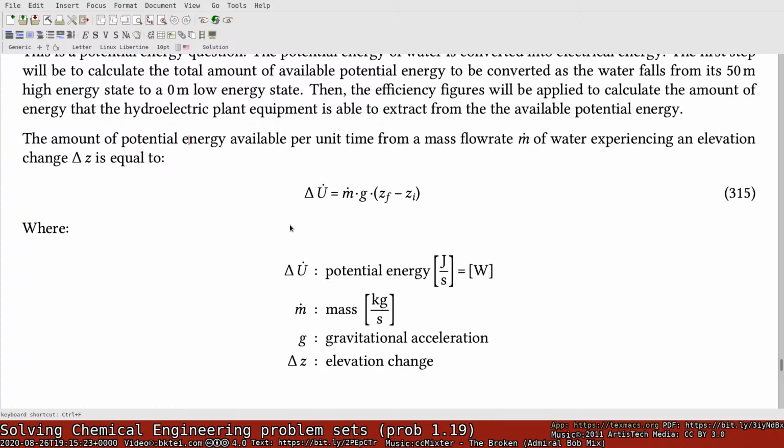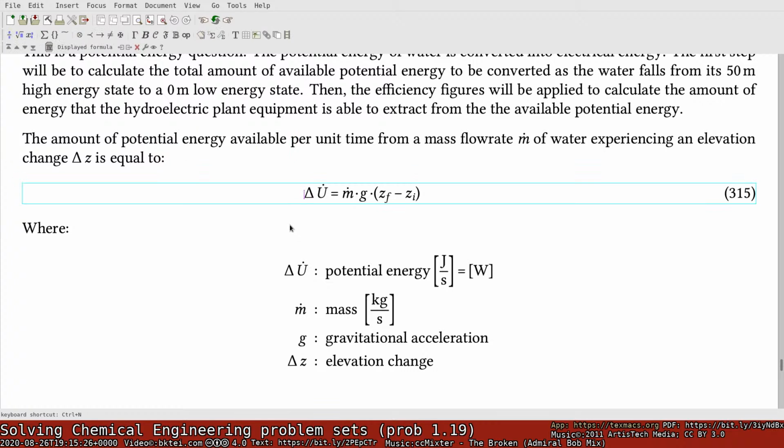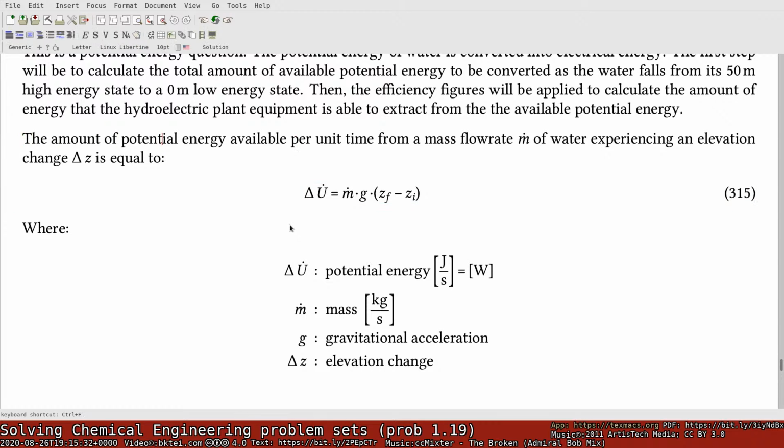So negative usually means energy is flowing out.